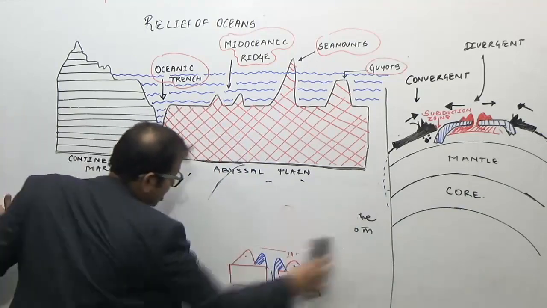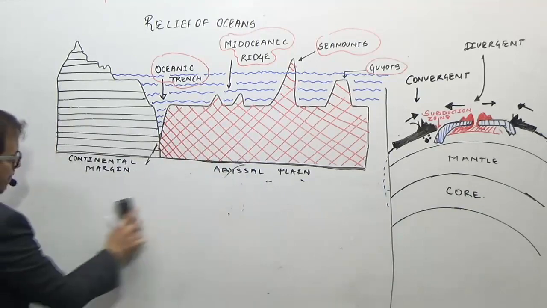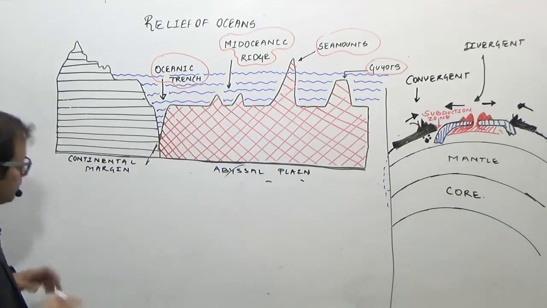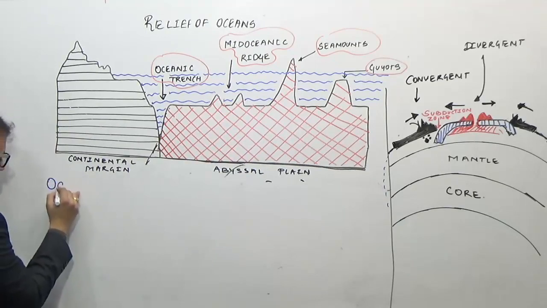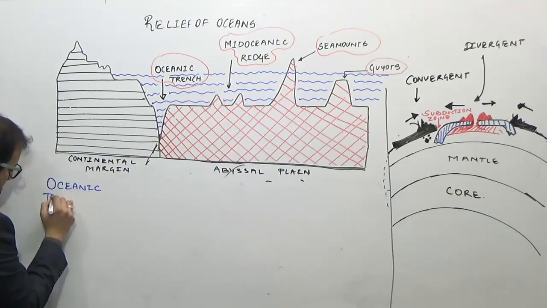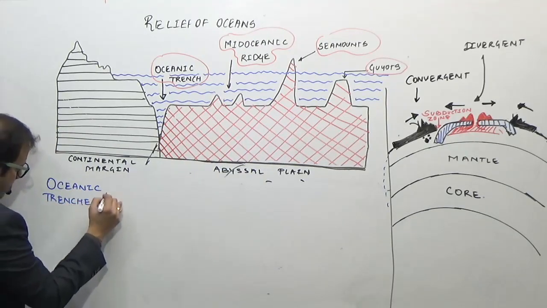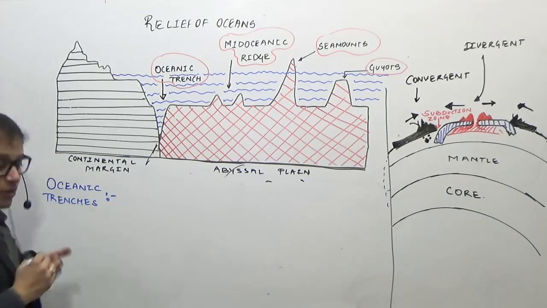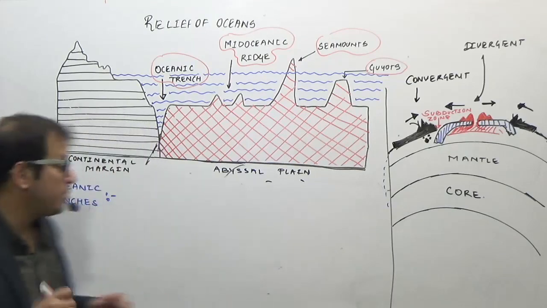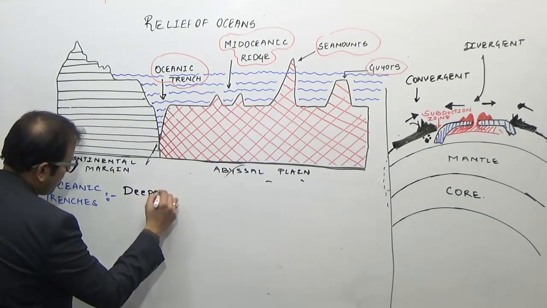So the first is oceanic trenches. What are oceanic trenches? The oceanic trenches are the deepest parts of an ocean.